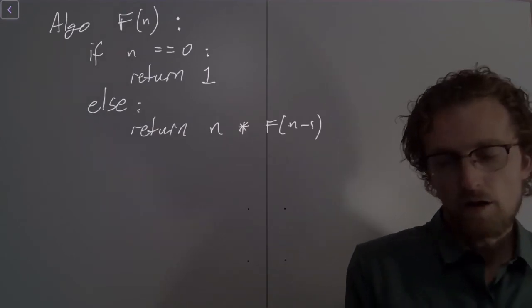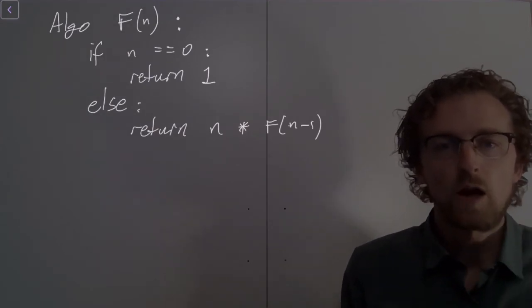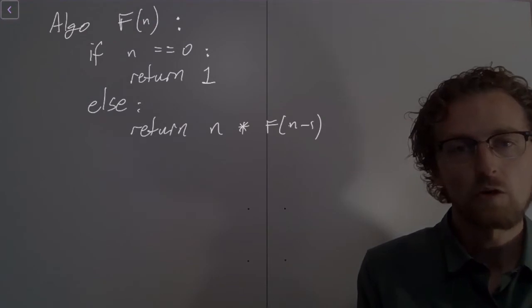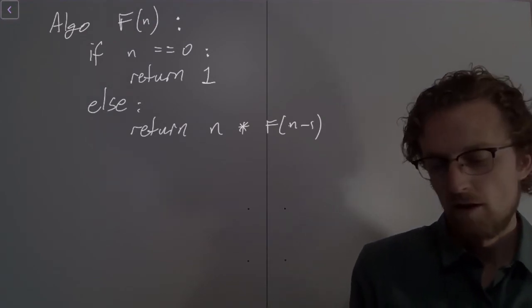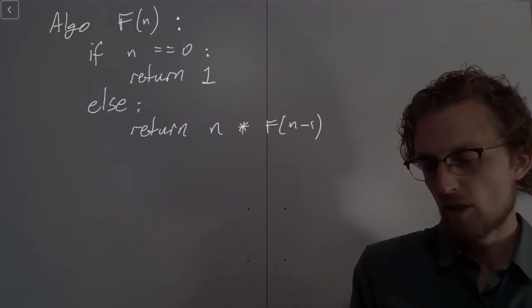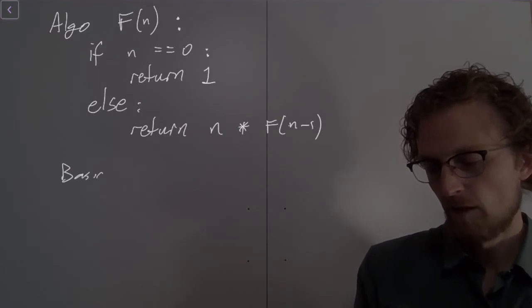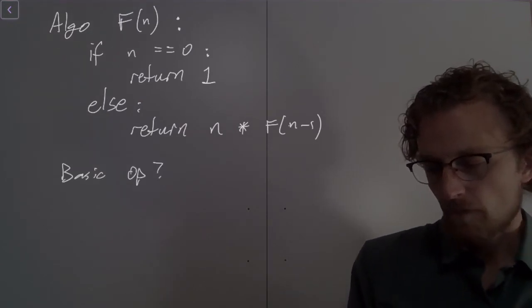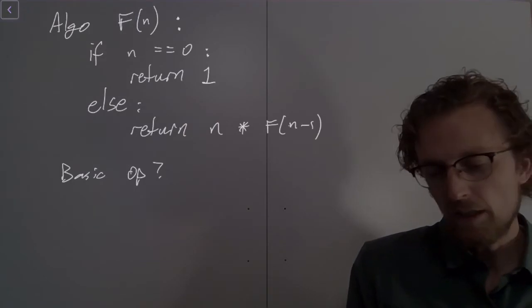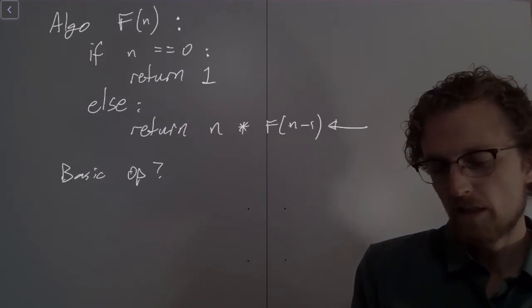Now, one of the pieces of our program when we're analyzing algorithms is always to identify a basic operation. Right? So our question here can be, what's the basic operation? And here it's worth thinking about the product as our basic operation.